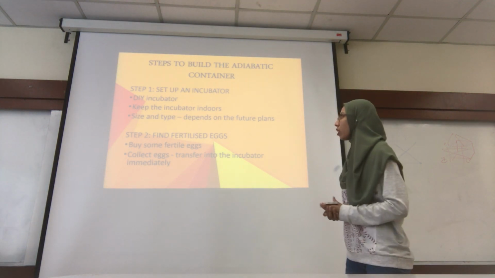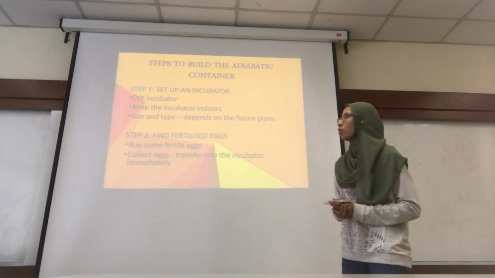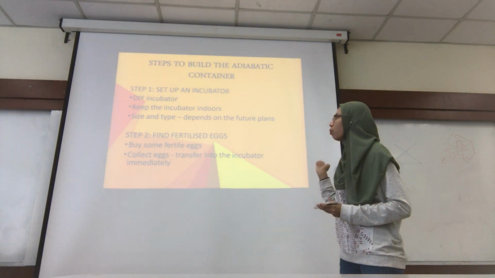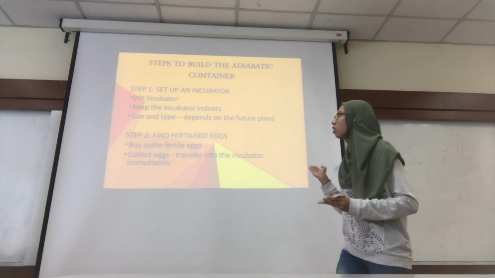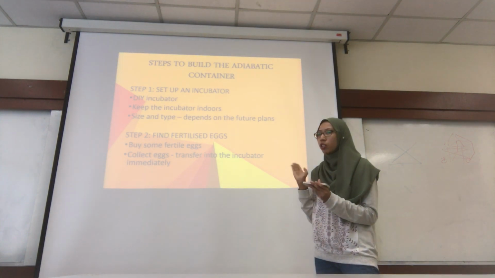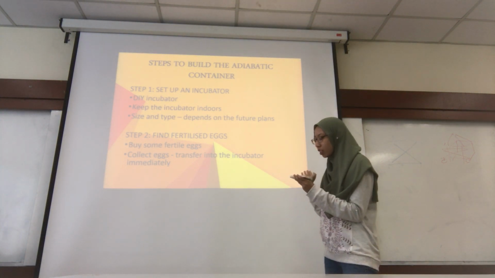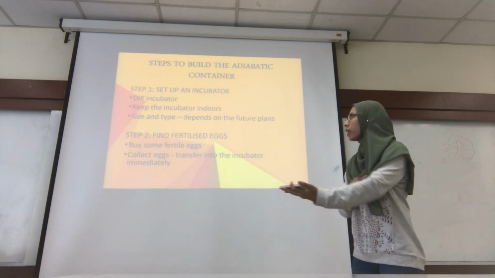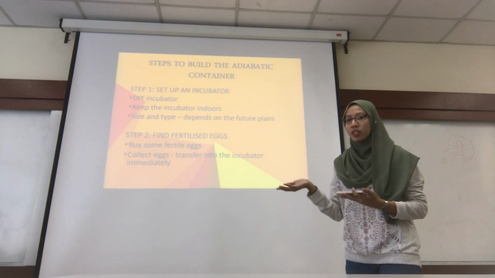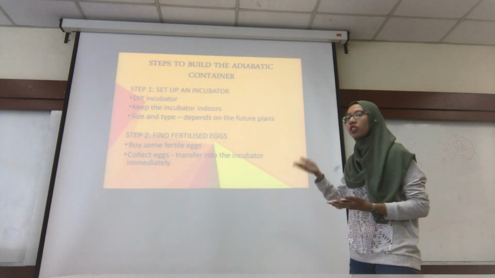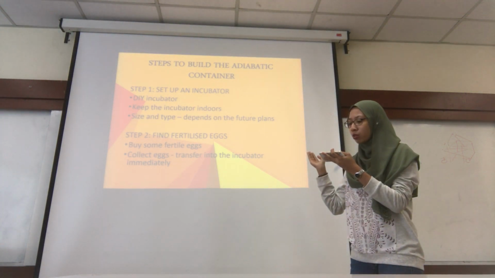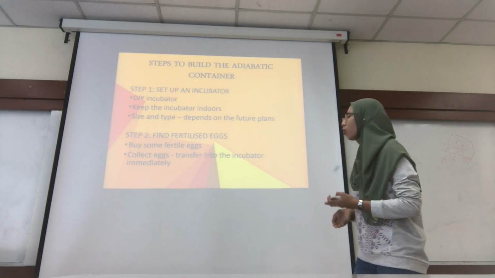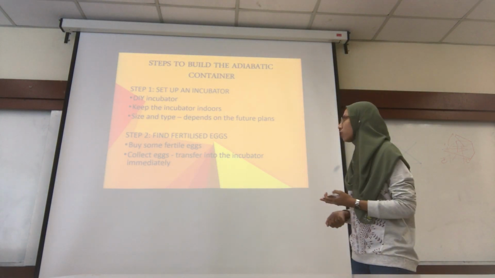Once the incubator has been built, we have to keep it indoors to maintain a uniform temperature and humidity. I will explain the temperature and humidity on the next slide. The size and type selected depend on the future plans of each producer.